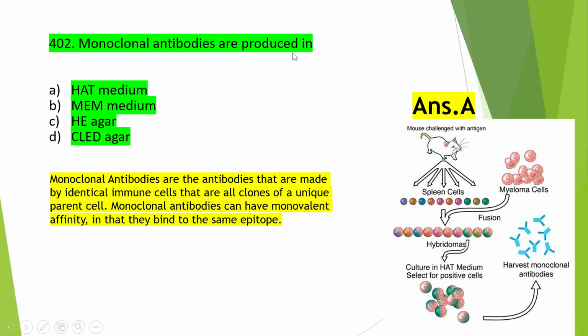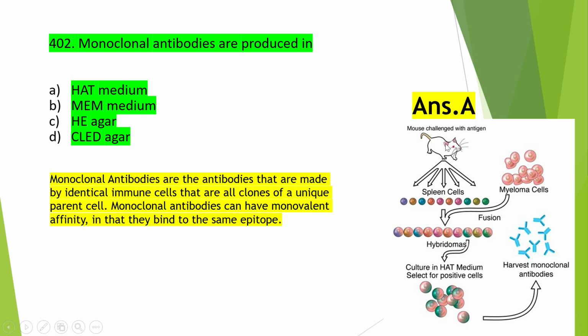Monoclonal antibodies are antibodies made by identical immune cells that are all clones of a unique parent cell. They have monovalent affinity, in that they bind to the same epitope, that means they can bind only one type of epitope. They are produced by a unique parent cell, so they are monoclonal.